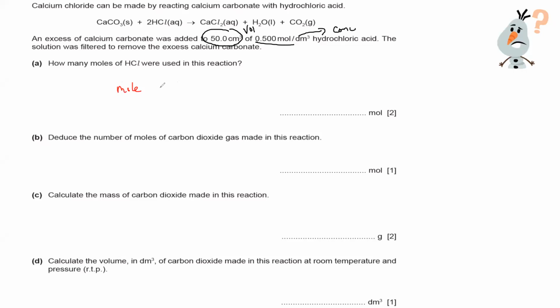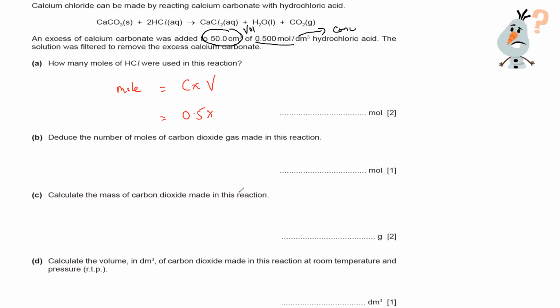The second formula, which is concentration multiplied by volume. The third is volume divided by 24, which is only valid for gases. For a solution, it is concentration into volume.